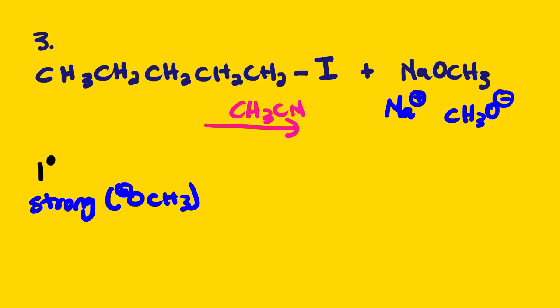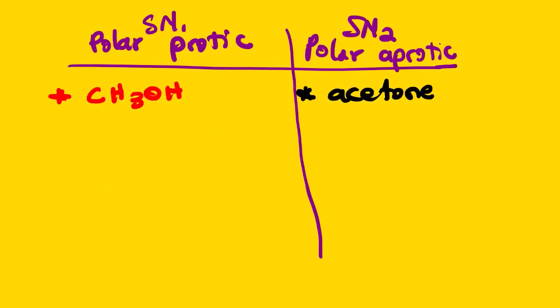Then we look at the type of solvent that we have. We have a polar aprotic. Let us go to the table. One of the polar aprotic solvents is CH3CN.